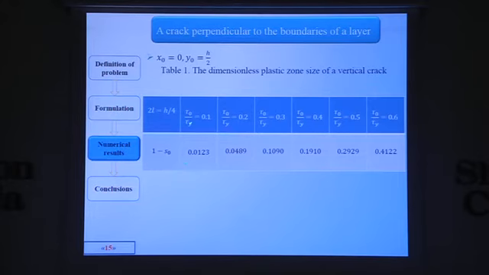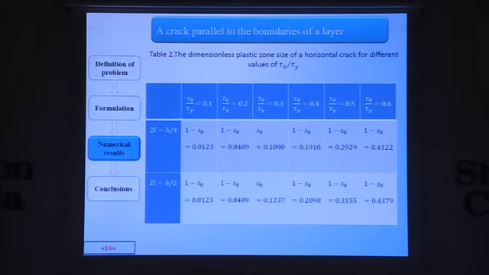You can see by increasing the loading ratio, the size of plastic zone is increased. Also, we will present another example. In this example, we consider a central crack parallel to the boundaries of the layer, and again, you can see here, this is the size of plastic zone in terms of the loading ratio for different crack sizes.